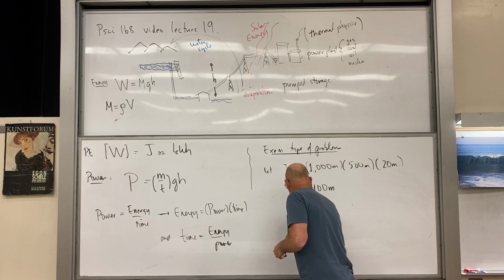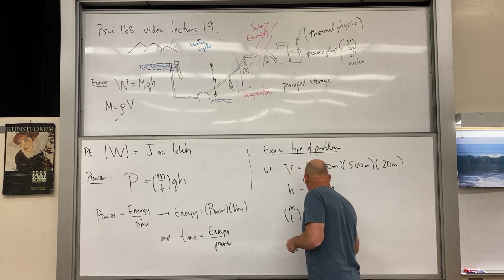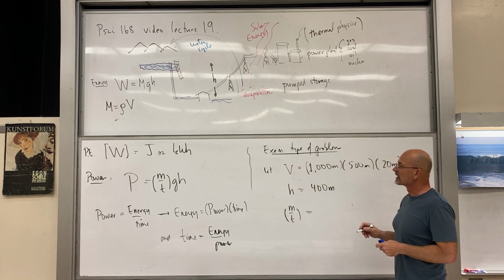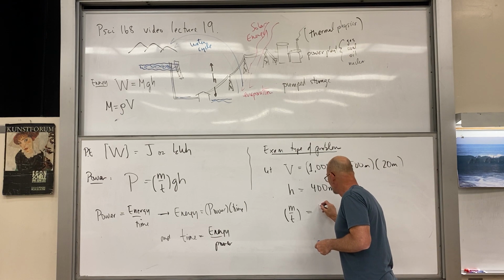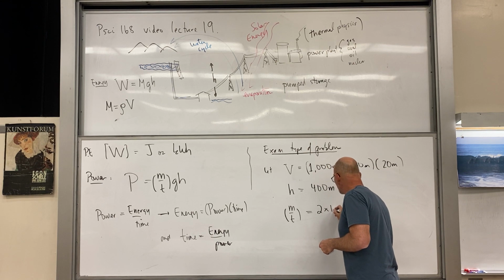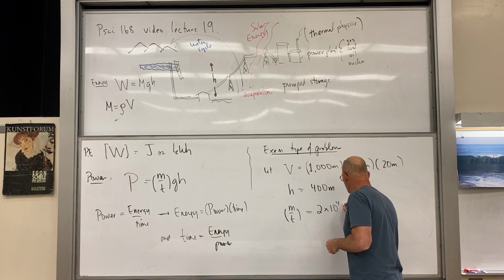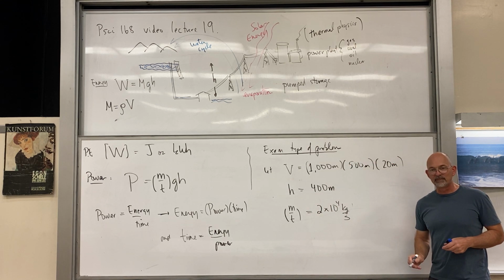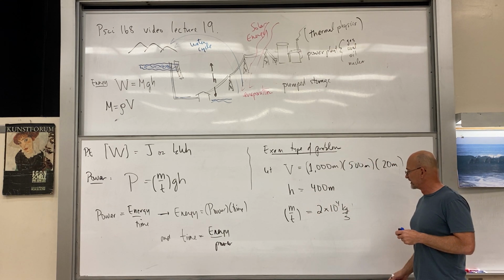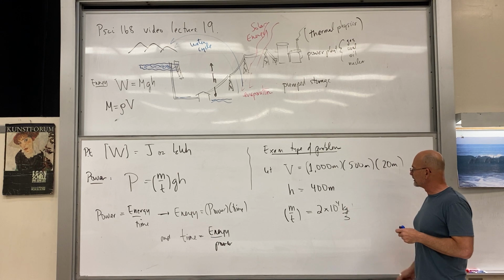And we'll let M over T, which is the flow rate, be, going to make up a good number here, 2 times 10 to the 4th kilograms per second. It's a big pipe, but these pipes are big. Okay. 2 times 10 to the 4th kilograms per second.